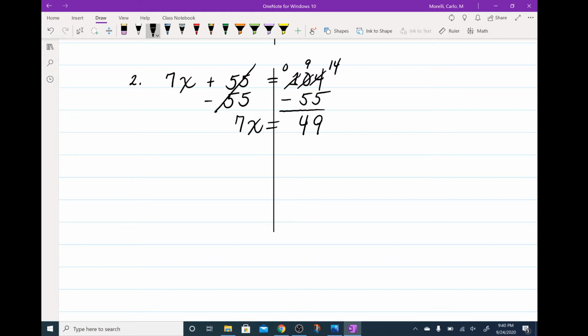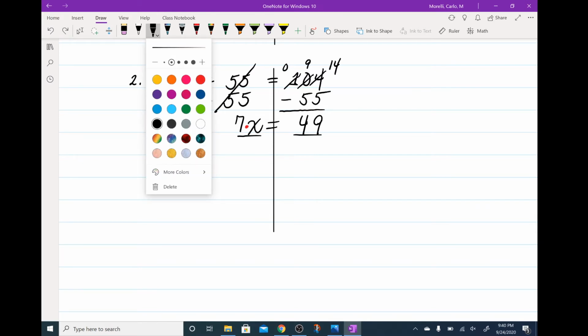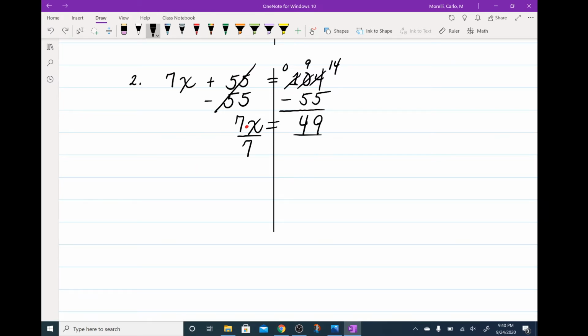Over in my head, I'm thinking, well, 7 times 7 is 49. So that's got to be something. Remember, this is 7 times x. So to isolate the x all by itself, I'm going to divide both sides by the x coefficient, which is 7. We'll divide both sides by 7. Okay.